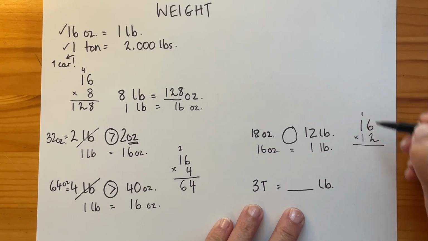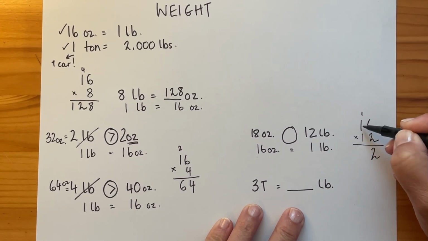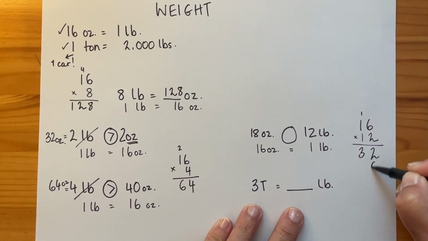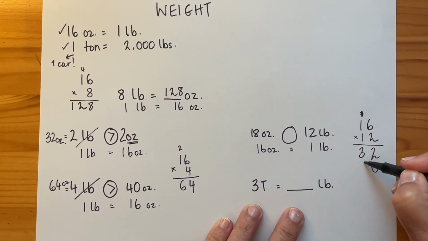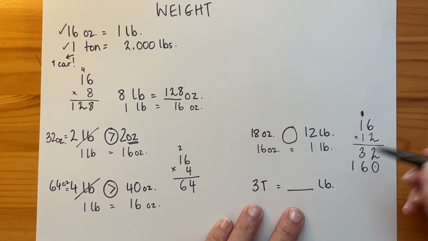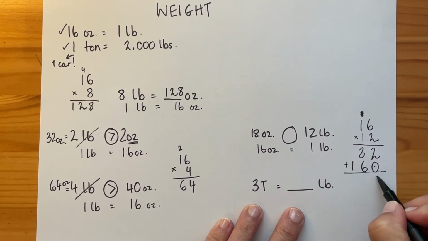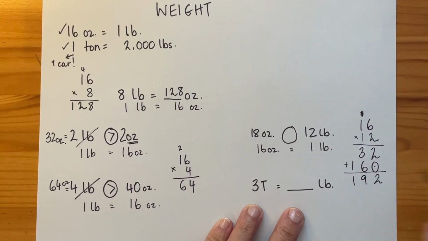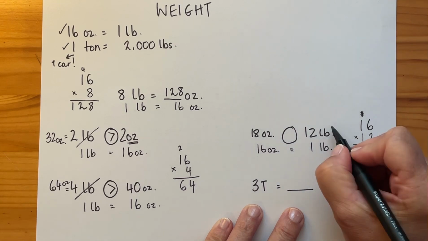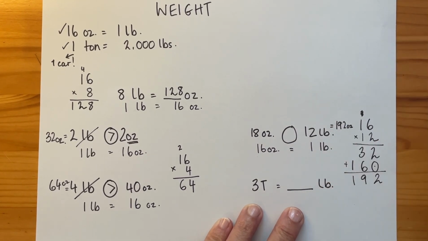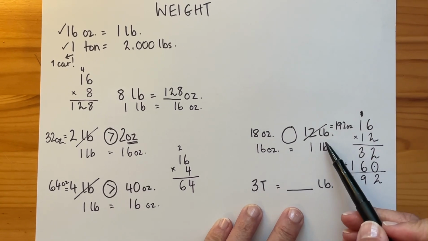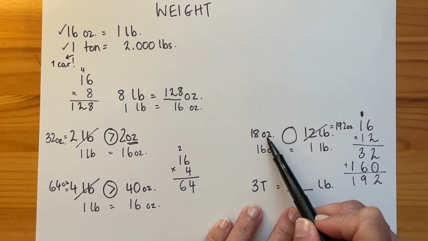So 2 times 6 is 12. 2 times 1 is 2, plus 1 is 3. Place marker. 1 times 6 is 6. 1 times 1 is 1. I'm going to add my columns. 2, 9, 1. So I know that 12 pounds is actually 192 ounces. So I'm going to ignore my 12 pounds and just compare ounces to ounces.